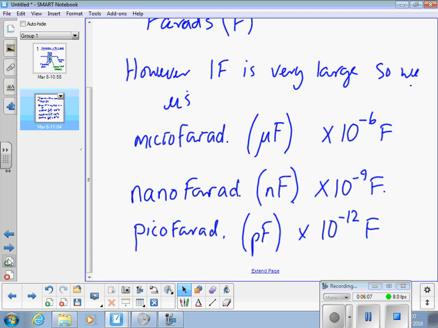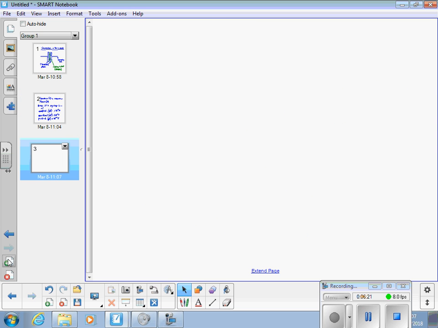So that's about how they are and what they're made of, or their construction anyway, and how we measure capacitance. Next page. What they do is they store charge.